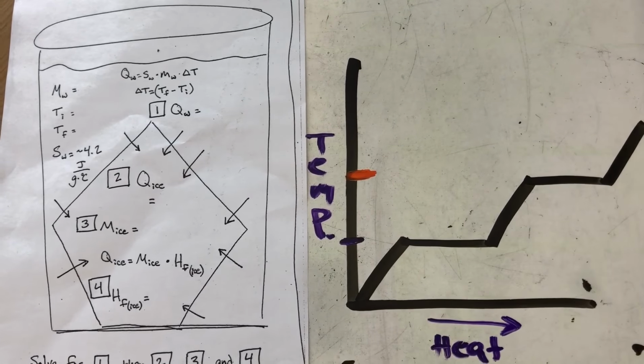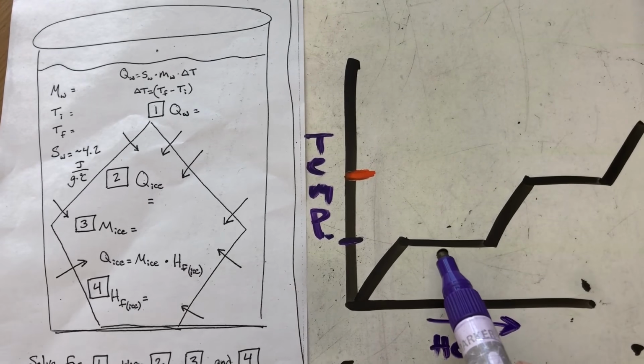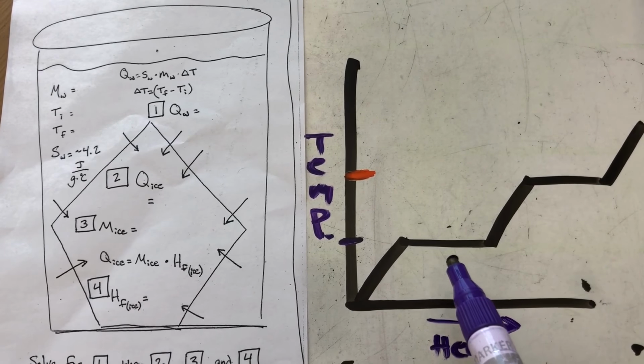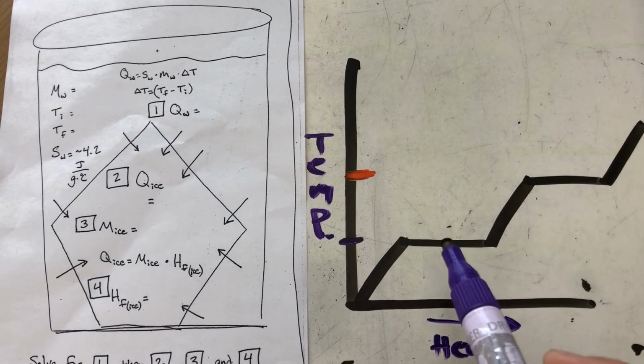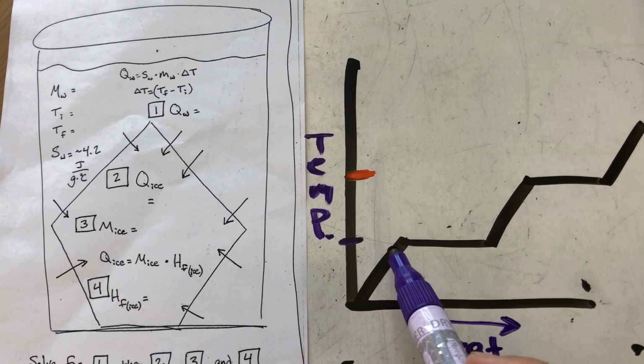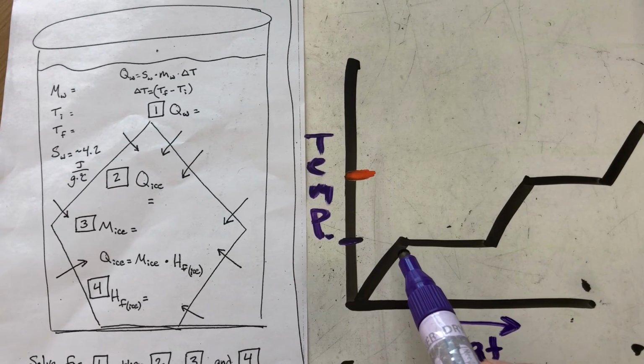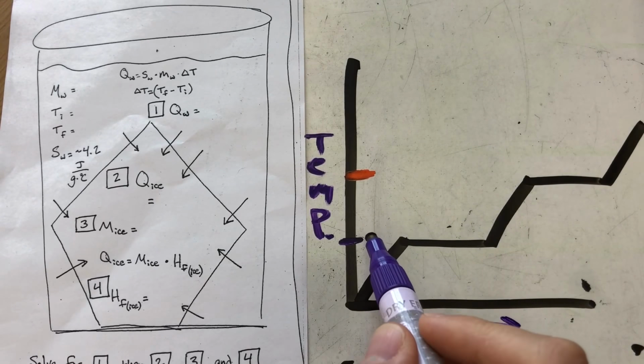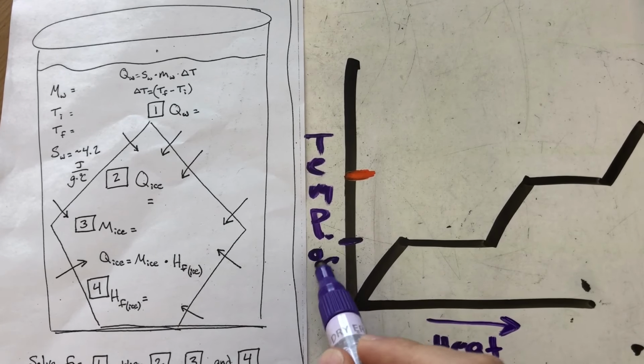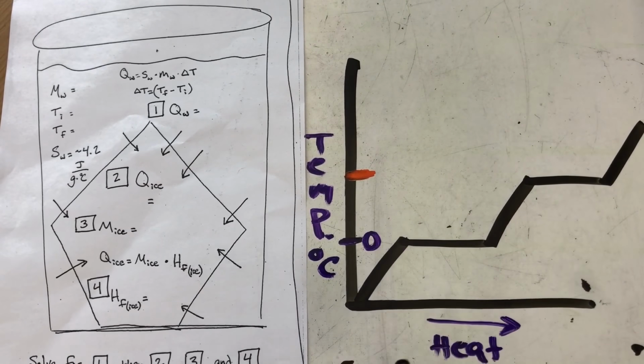So in this case, the first plateau is generally where melting would happen, phase change from solid to liquid. And if this is water, the melting point happens at 0 degrees Celsius. So let's say this is temperature in Celsius, this is going to be 0 degrees. Normally I'd write that on the left side of my scale, but there's not much room, so I'm going to make it work.